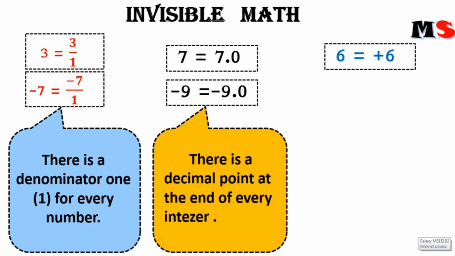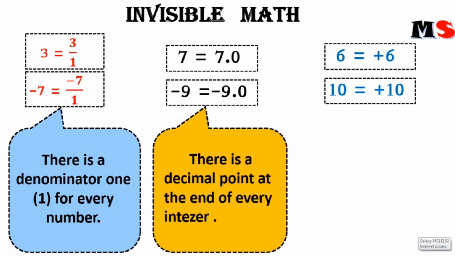Next, we have 6 without any positive or negative sign. If there is no sign, that means there is a positive sign. 6 can be written as plus 6. The next example is 10. 10 can be written as plus 10.